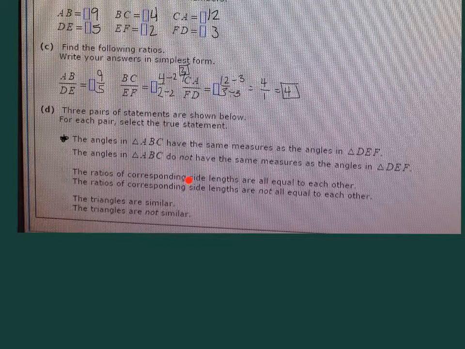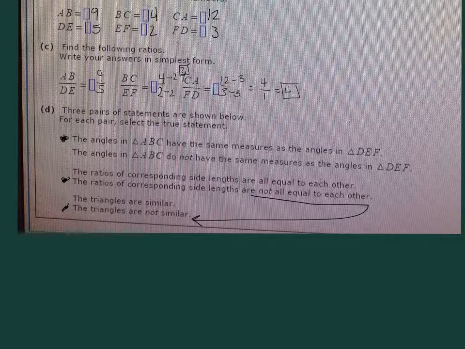The ratios of corresponding side lengths are all equal to each other. Well, I look at this: this is 9/5, that's 2, that's 4. So no, they are not all equal. And we look at finally the last one, the triangles are similar or the triangles are not similar. Well, because the ratios are not all equal to each other, therefore they are not similar.